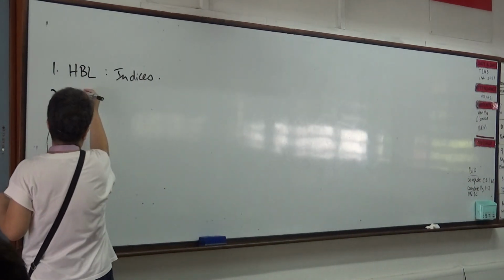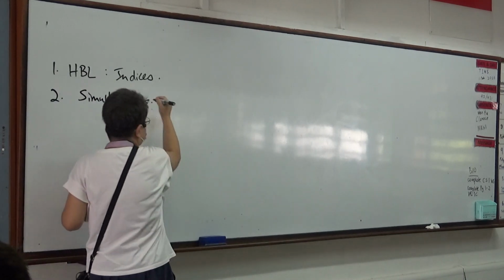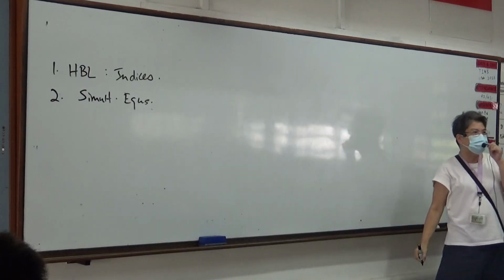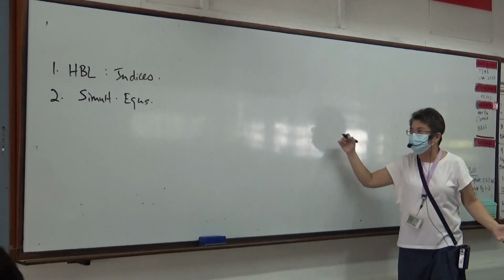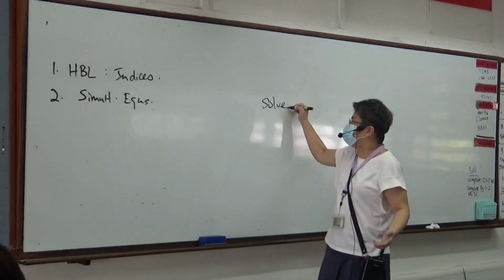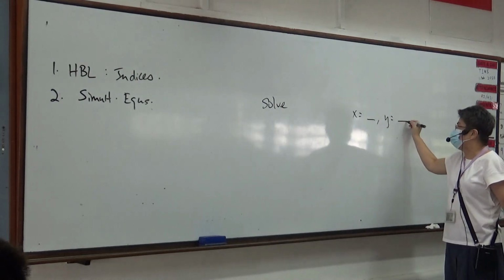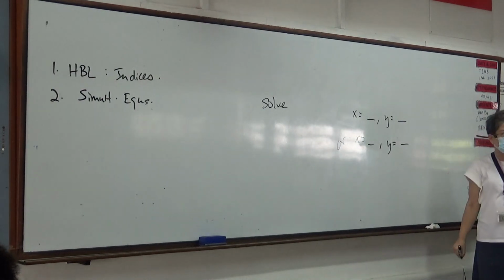Okay. Your simultaneous equations. I just started marking a few questions and I already can spot that some people do not make questions already. I already told you, right? When they say solve, you must say x equals to what, y equals to what.